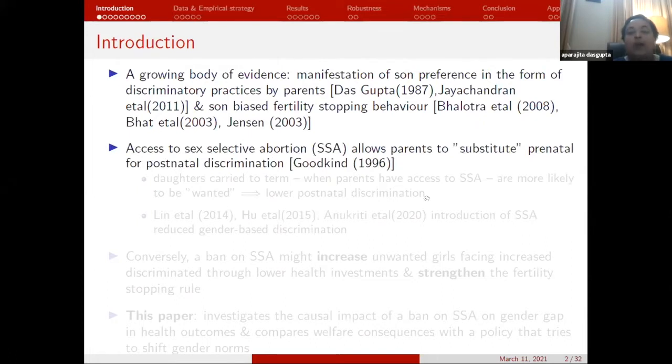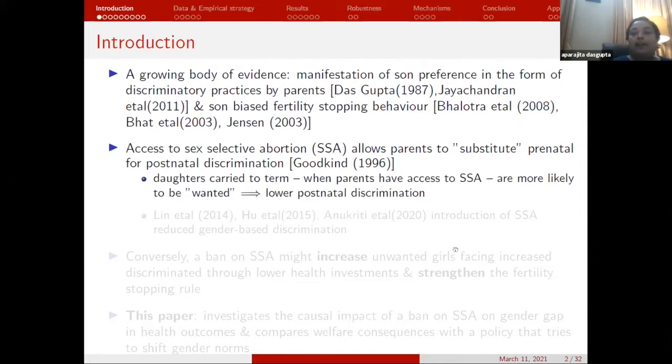Now, access to sex selective abortion allows parents to substitute prenatal for postnatal discrimination. The idea is that when parents have access to sex selective abortion, daughters who are carried to term, who are born in that regime, are more likely to be wanted, and would face lower postnatal discrimination because of the simple fact that they are actively wanted.